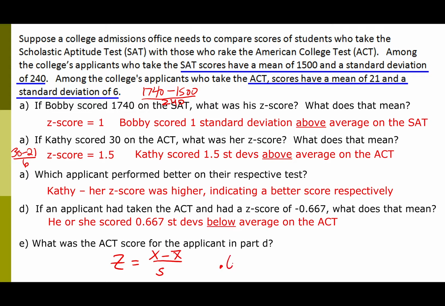So this time we're being given our z-score. We want to know what the score was, that's x, minus what was our mean for ACT, 21, over our standard deviation of 6. So 0.667 times 6 plus 21 is going to give me 25 for his score.